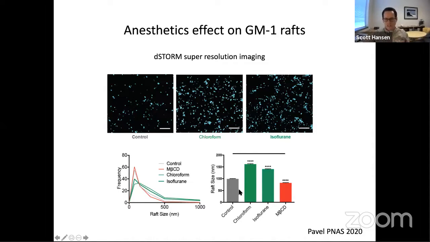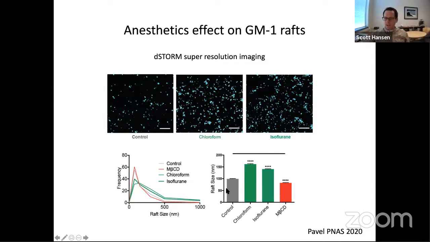So this is a statistical comparison of that. They were less than 100 nanometers to start with, and then they were substantially larger after anesthesia treatment. And this is in dramatic contrast to, say, methyl beta cyclodextrin, which is a molecule that pulls cholesterol out of the membrane and removes these lipid rafts.